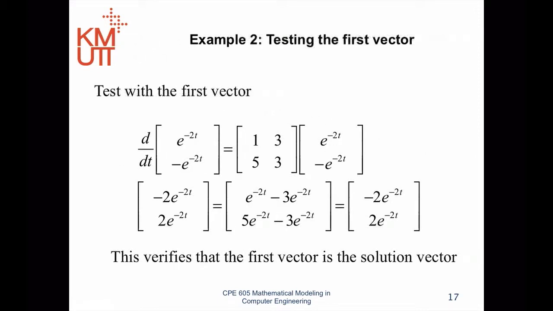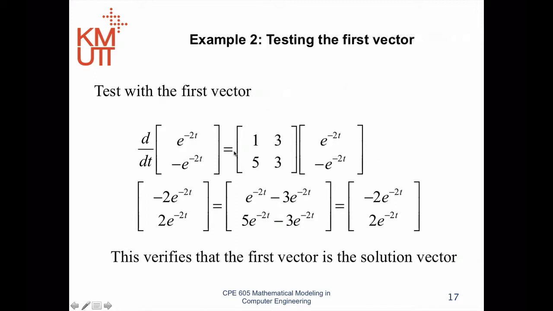Testing the first vector by substituting x1 into the equation. The derivative of e to the minus 2t and minus e to the minus 2t equals minus 2 e to the minus 2t, and minus 2 times minus 1 is 2 e to the minus 2t.